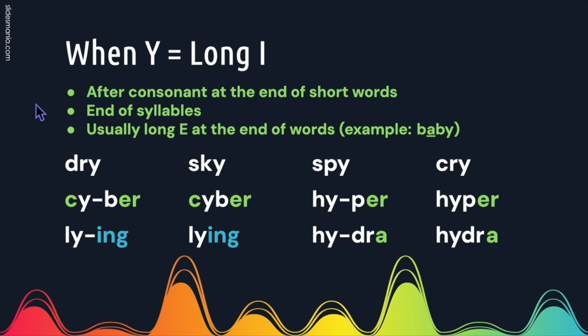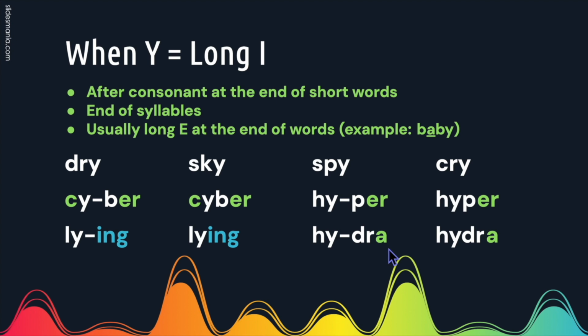A Y will have a long I sound after a consonant at the end of a short word, like in dry, sky, spy, and cry, and at the end of a syllable. I've divided these words into syllables so you can see that. Cyber, ER says hyper, lying, hydra.